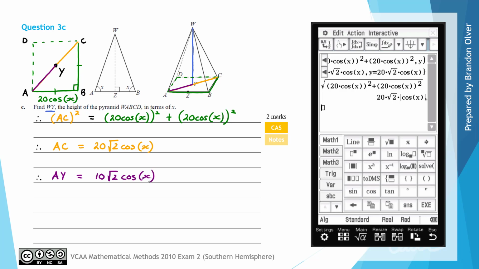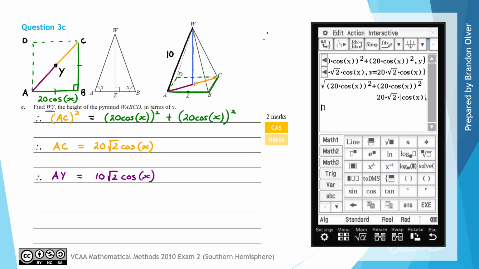Now that we have AY and we have YW in blue, and we can use this slant length just along here, which is 10, we can draw out another right angled triangle that will allow us to find WY.